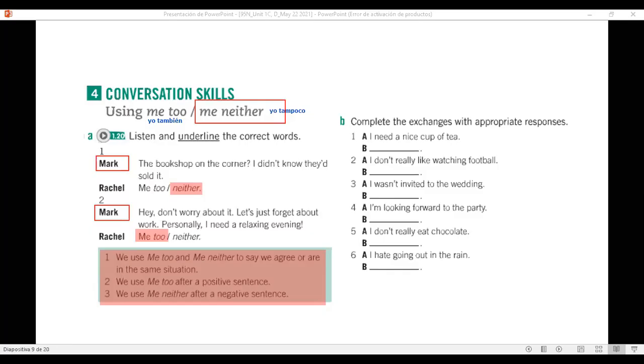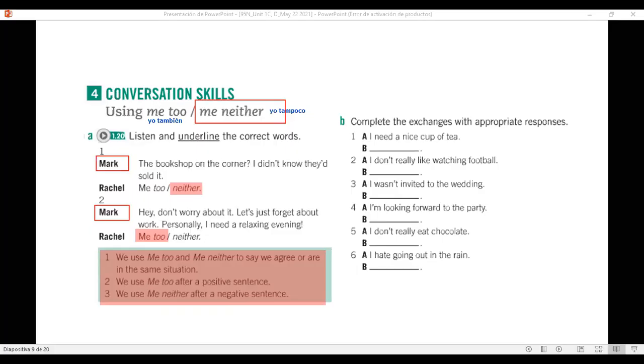Siempre que estemos en la misma situación positiva, por ejemplo, cuando preguntamos, ¿cómo están? Estoy bien. ¿Y tú? Yo también estoy bien. Es una situación afirmativa, positiva. Entonces respondemos me too si estamos de acuerdo o nos encontramos en la misma situación. Pero, ¿qué pasa si estamos hablando de situaciones negativas? Y compartimos esa misma situación negativa, pues vamos a utilizar el me neither, yo tampoco.